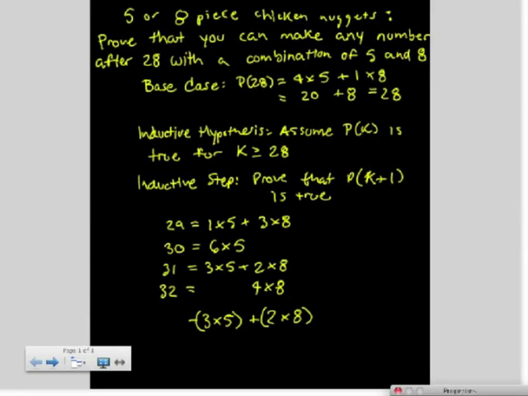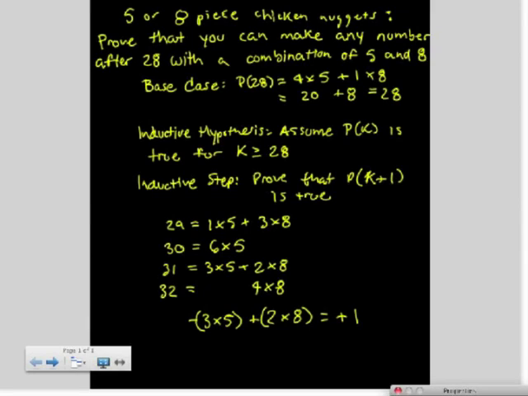Now this works because 3 5-pieces is 15 and 2 8-pieces is 16. So this ultimately ends up as a plus 1. So that's how we add 1. If 28 was our k and 29 was our k plus 1, we realize that we added 1. So that's how it's the k plus 1.